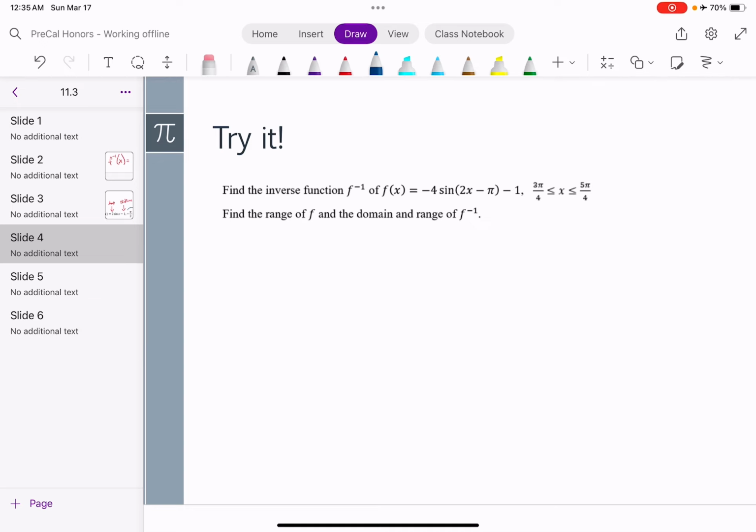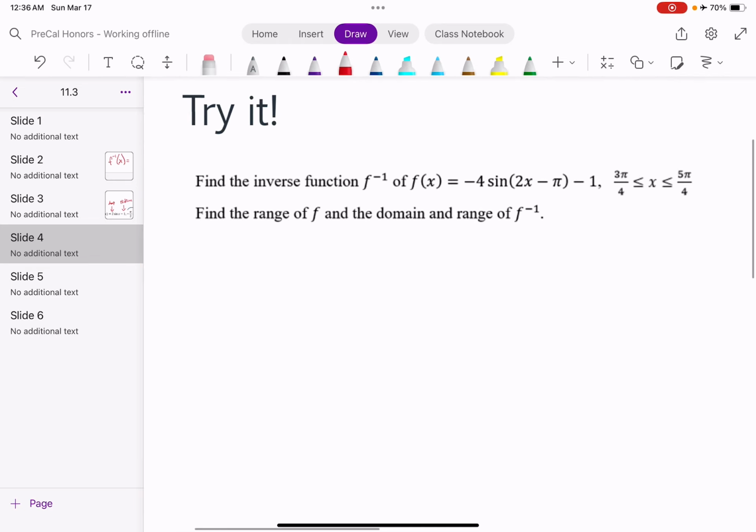First, we are going to find the inverse, and then we are going to find all of the range and domains for this problem. Let's go ahead with the inverse. The very first thing that we are going to do is switch our x and our y of the equation.